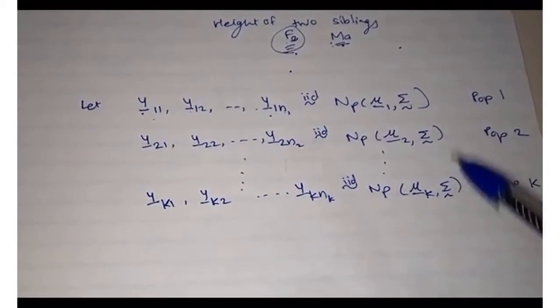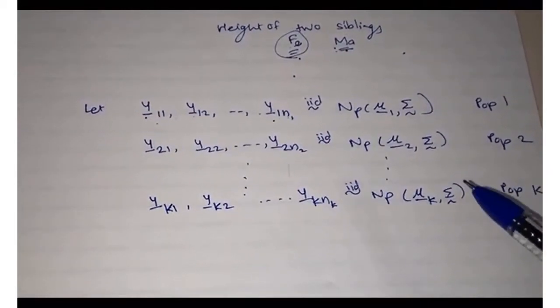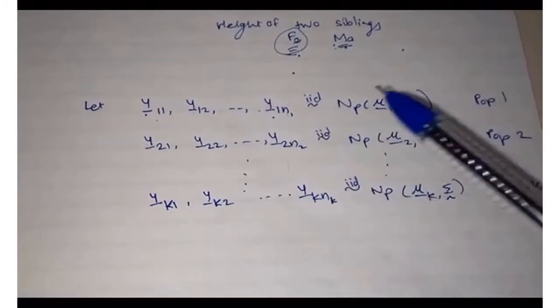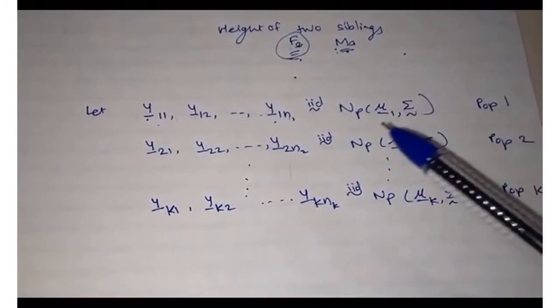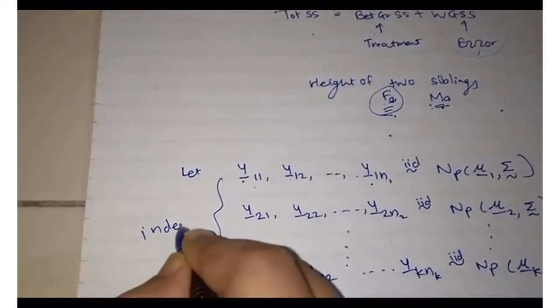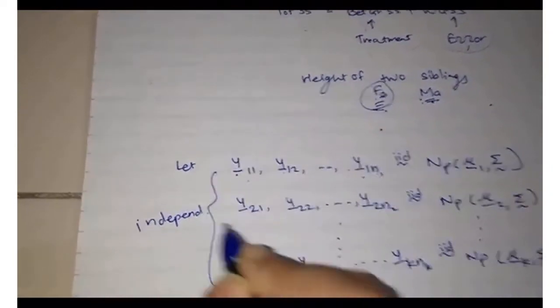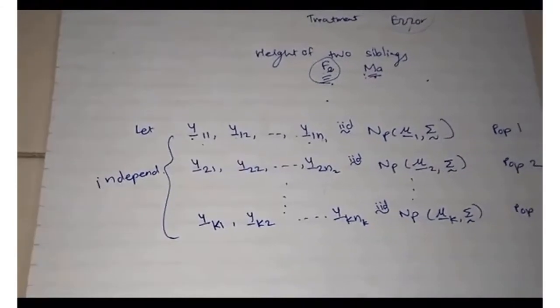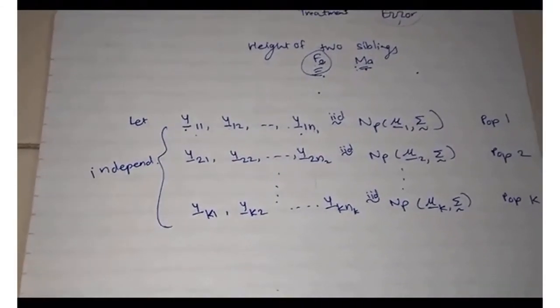This is exactly what we do in ANOVA. In ANOVA also, my underlying assumption is each population has normal distribution. Mean can be different, but variance has to be the same. And we further assume that all these populations are independent of each other.